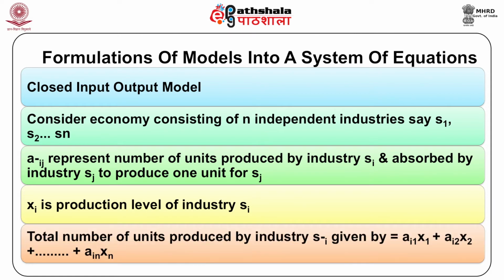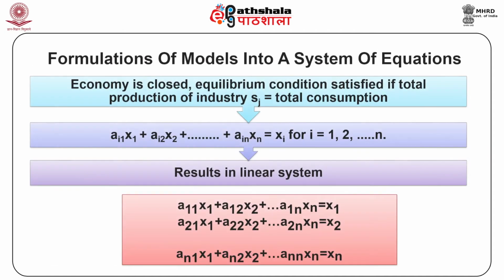So the total number of units produced by industry Si is given by Ai1 x1 plus Ai2 x2 plus up to Ain xn. Since the economy is closed, the equilibrium condition is satisfied if the total production of industry Si equals its total consumption, that is Ai1 x1 plus Ai2 x2 plus up to Ain xn is equal to xi for all i equal to 1, 2, right up to n.